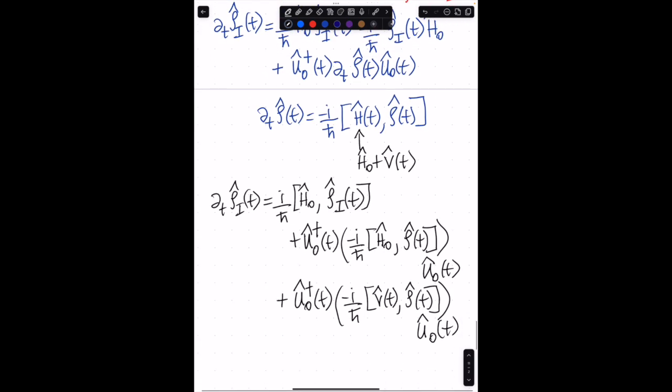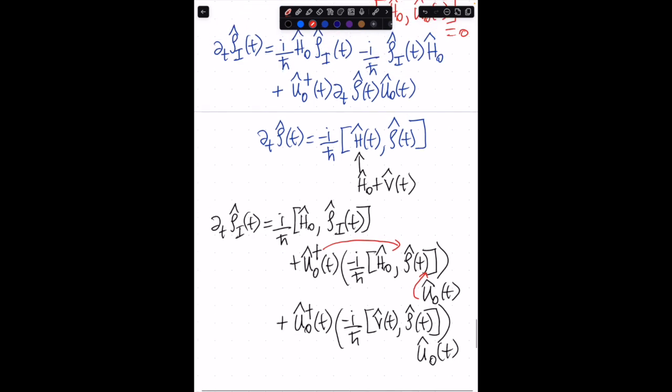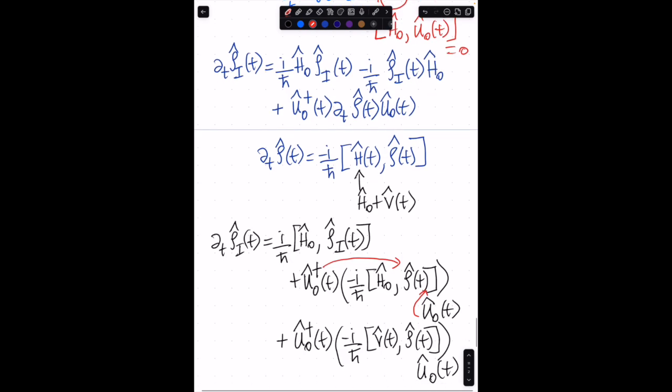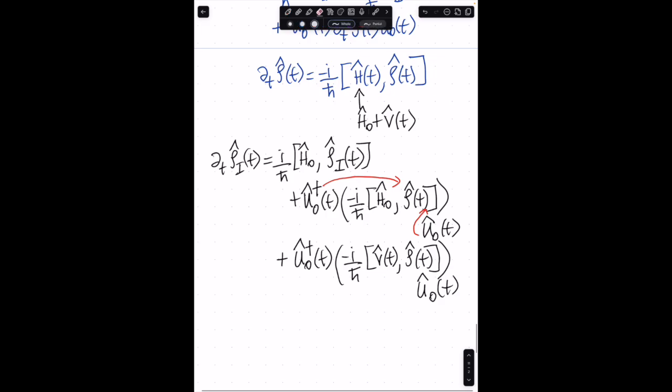Now, if you observe very clearly in the case of the second term, this U hat dagger(t) and this U hat(t) can be brought inside here because they commute with the Hamiltonian h0, and then U hat dagger(t) rho(t) U hat(t) is just rho I. So what this term effectively gives you is minus i upon h bar, h0, rho hat I(t).